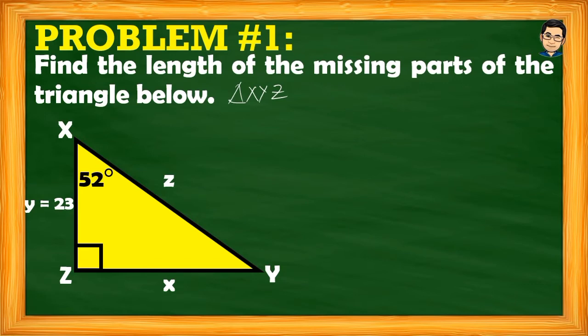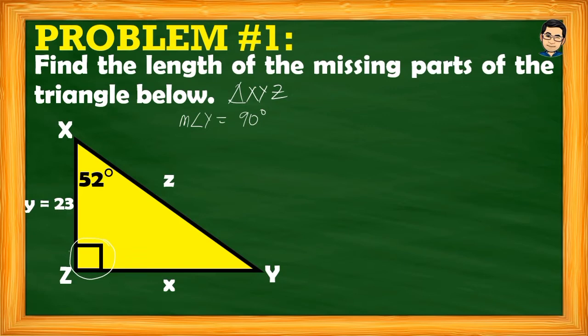In order to determine the measure of angle Y, we will subtract the measure of angle X, which is 52 degrees, from 90, because the sum of the interior angles of a triangle is 180, and our right angle is already 90 degrees.